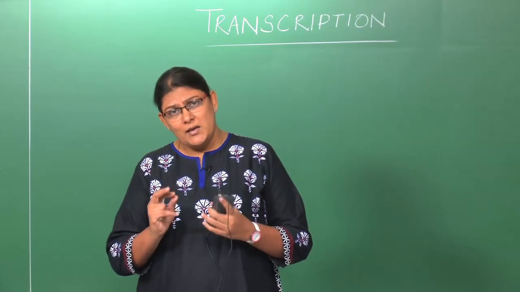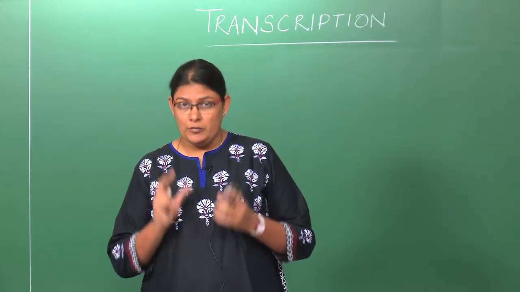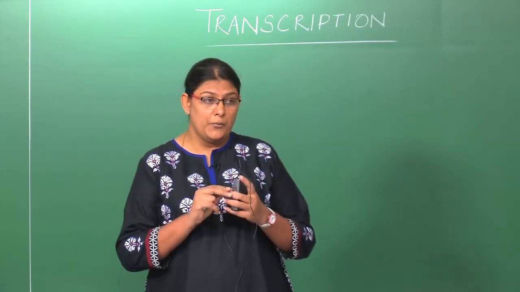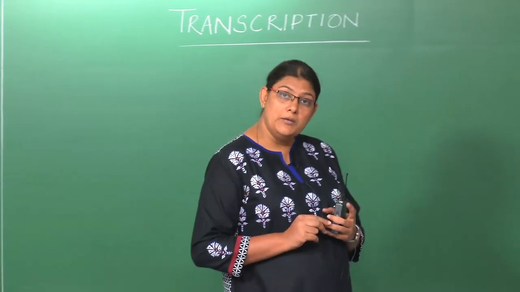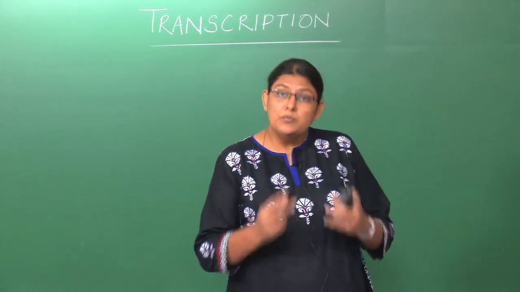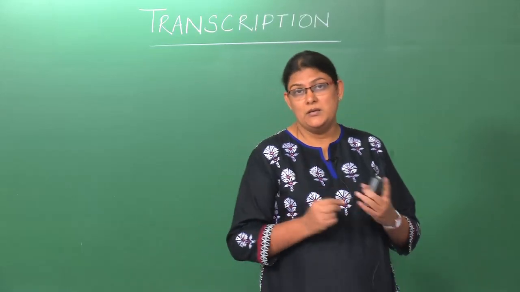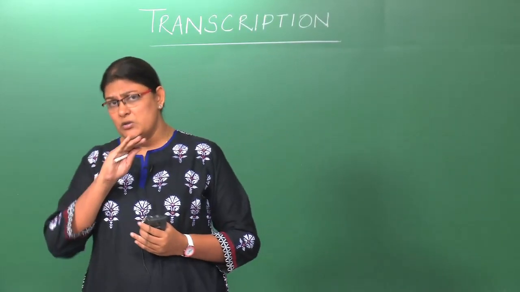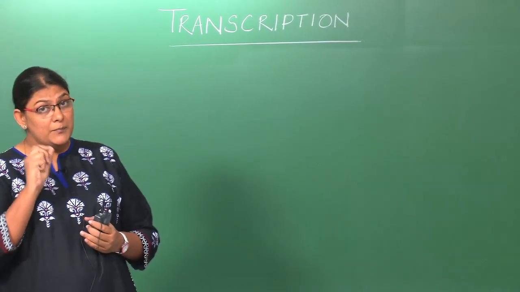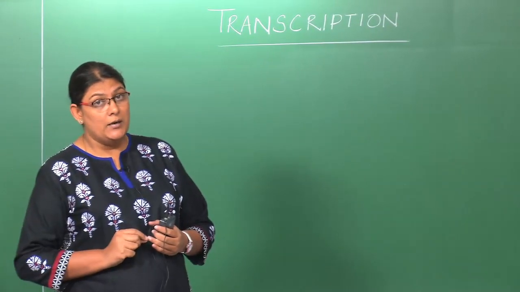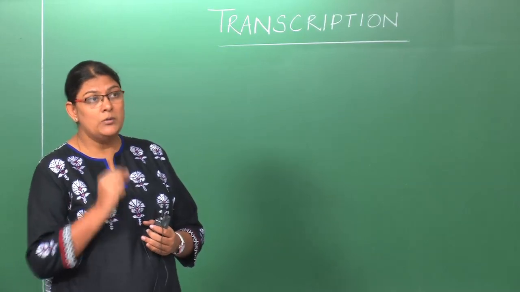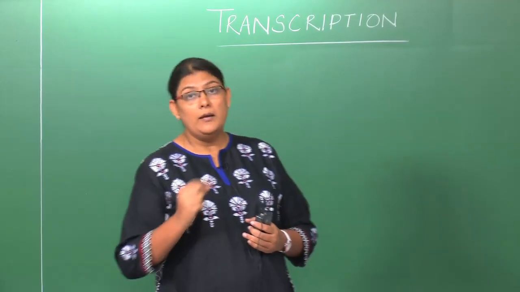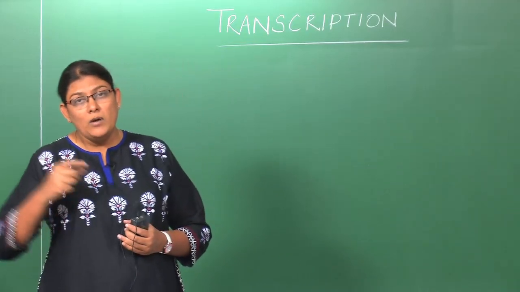For the sake of conceptual understanding of the topic, I am going to skip a lot of details. I do not want to bother the audience with too much of the mechanistic nitty-gritty. So, we are trying to understand it at a very superficial level, but it is important to understand the concept as to how the DNA information is read, decoded and interpreted, and then what does it lead to?